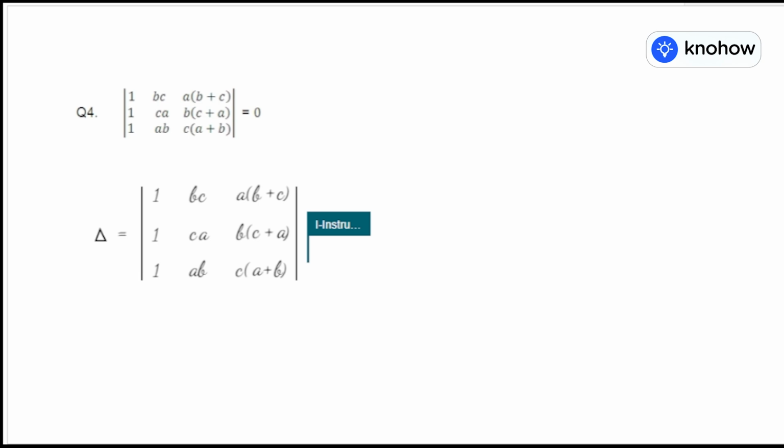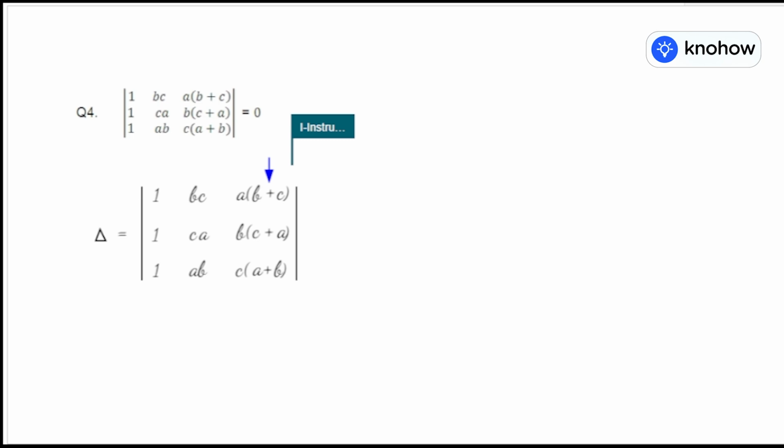Look at it carefully. What are the elements of third column? AB plus AC, BC plus CA, CA plus AB. And what if you add the elements of second column to it? Then all the three will become AB plus BC plus CA, AB plus BC plus CA, AB plus BC plus CA. In the first column it becomes 1, 1, 1. So it will be proportional.